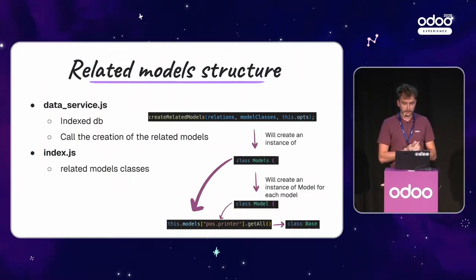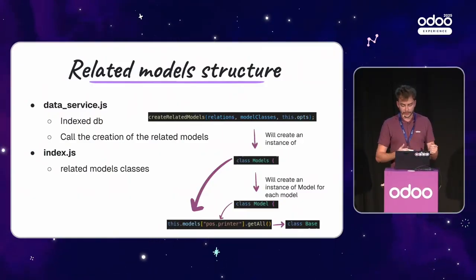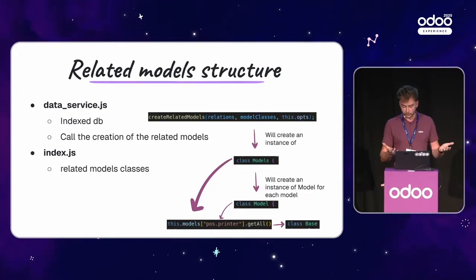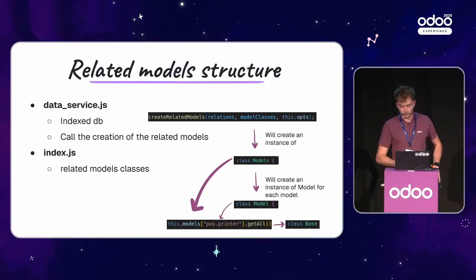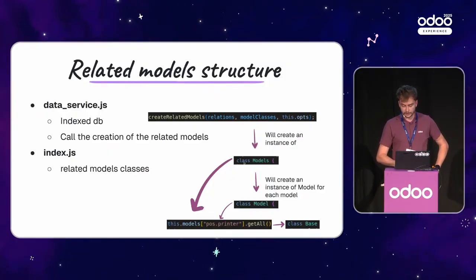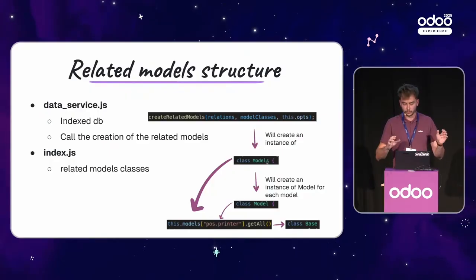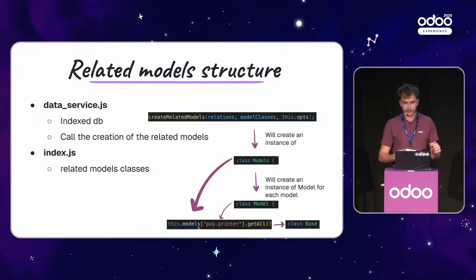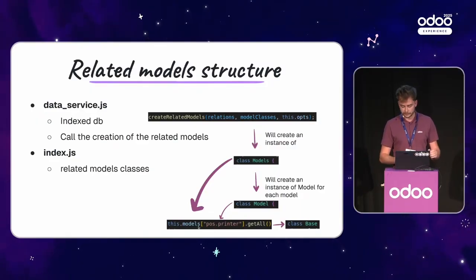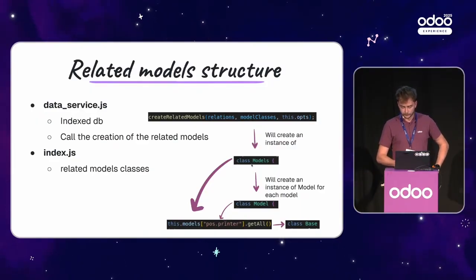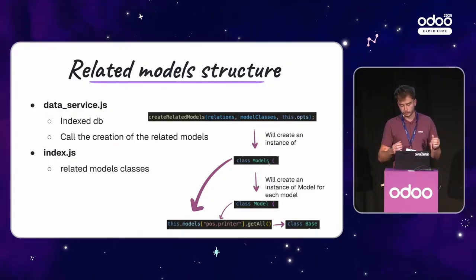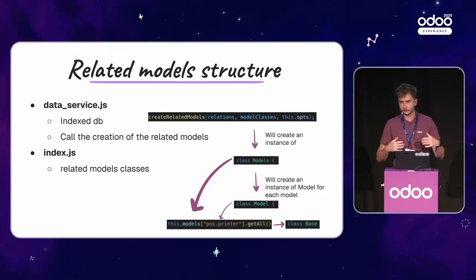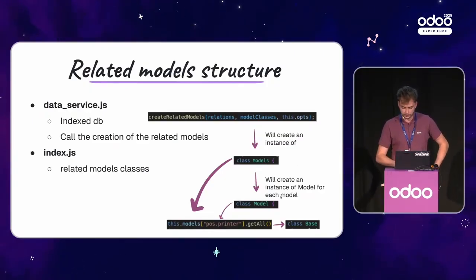When this IndexedDB is created, it will create related models, as we can call them. What create related models does is create a class models for all the models in general, and we can see it a little bit like the env in the backend. The object models will create an instance of model for every model that we want to load in the front end.